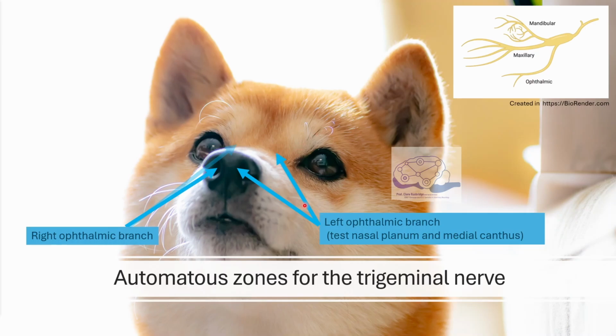Of course, as a reflex, the trigeminal is supplying the sensory arm of that reflex, and it's actually the facial nerve which is supplying the motor arm of that reflex, closing the eyelid. And so you do need to have intact facial nerve function. More on that later.